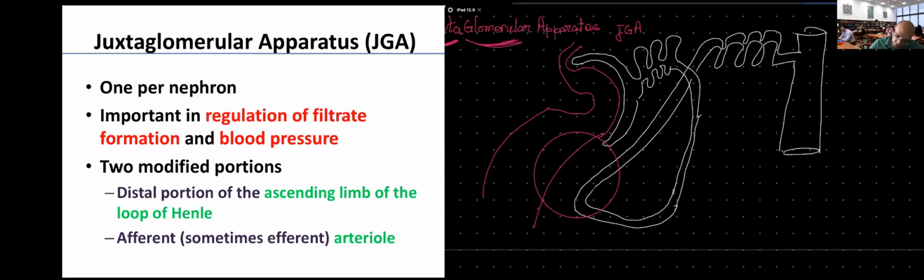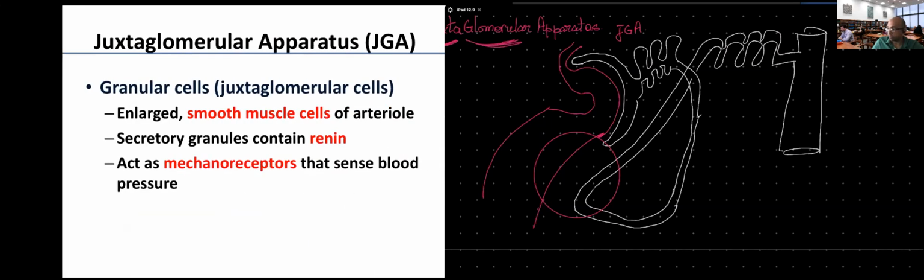First set of cells that will be sharing in the formation of this cluster is going to be the modified smooth muscle cells of the afferent arteriole. And those modified smooth muscle cells are going to contain cytoplasmic granules.